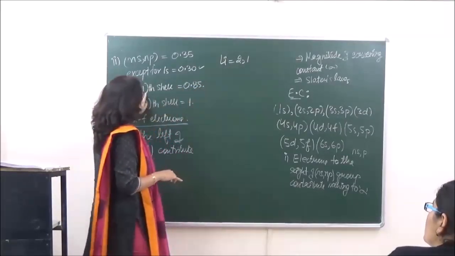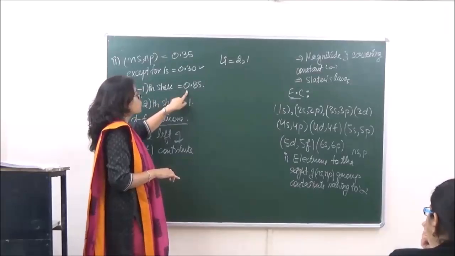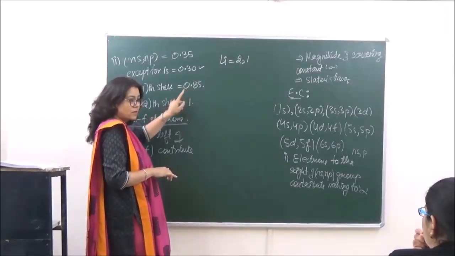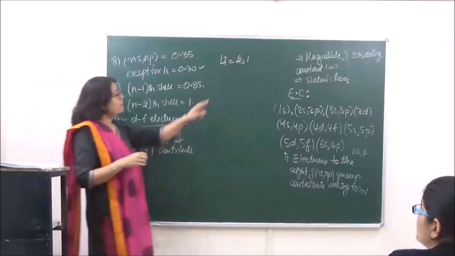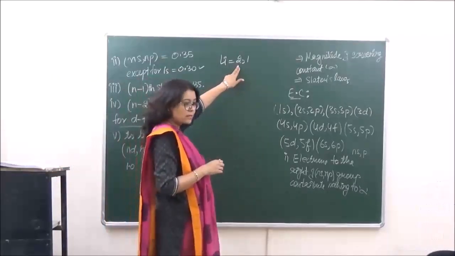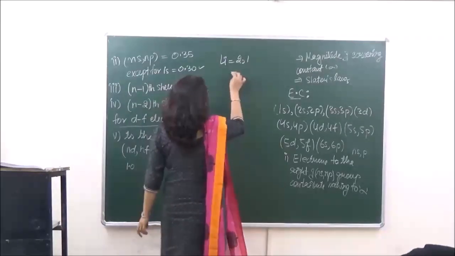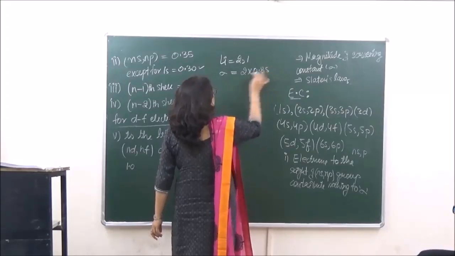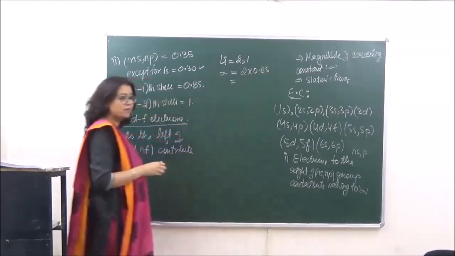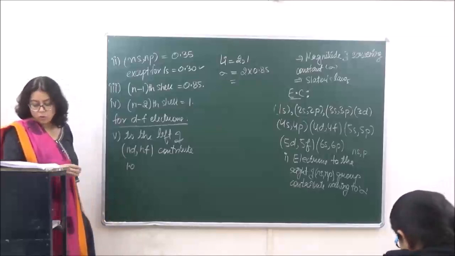In the n-1 shell the contribution is 0.85. There are 2 electrons in the n-1 shell, so sigma is 2 into 0.85, which comes to 1.7.